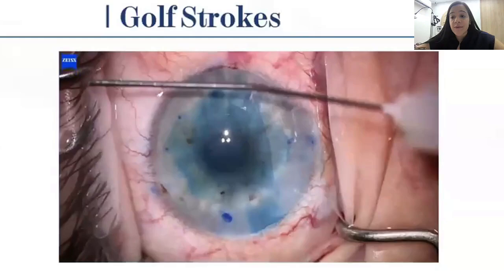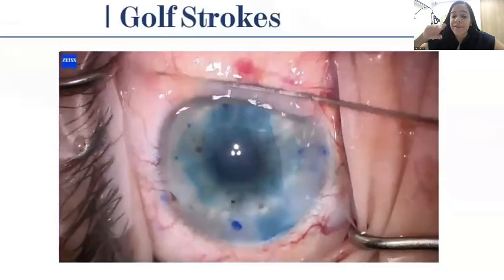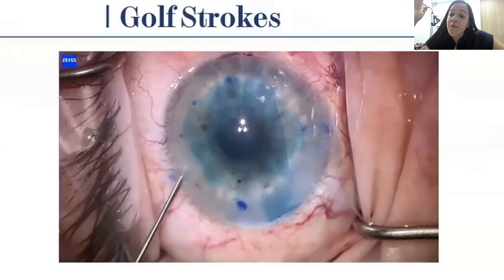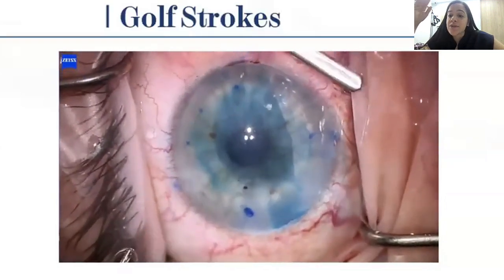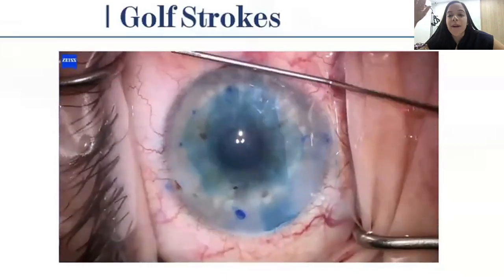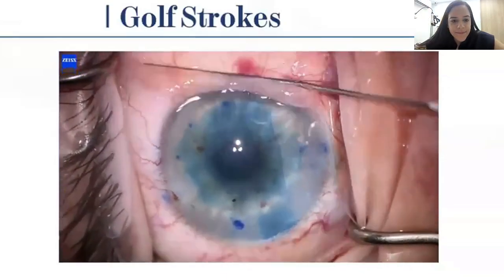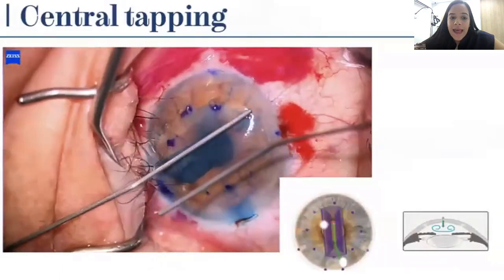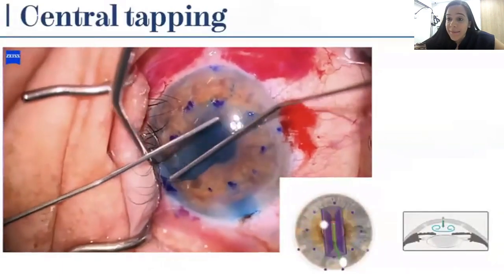Also, you can use the golf strokes technique if you have your graft in the angle or in the limbus. So you will do quick strokes at the limbus with the cannula to generate fluid waves that will move the graft forward away from the limbus. Another technique is central tapping.